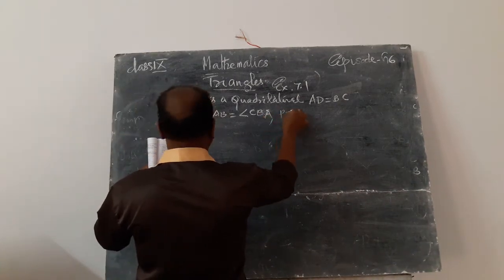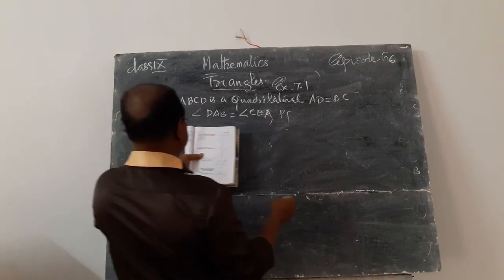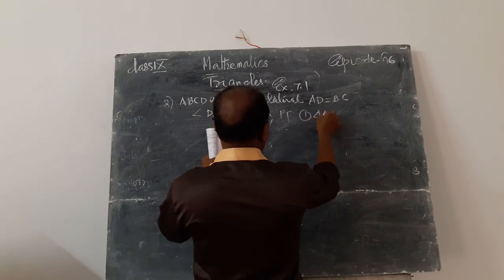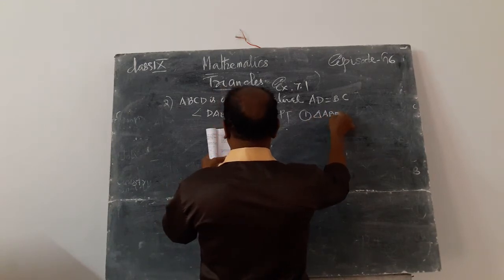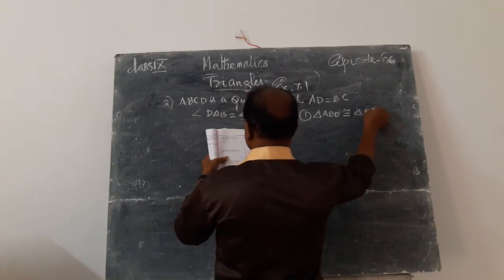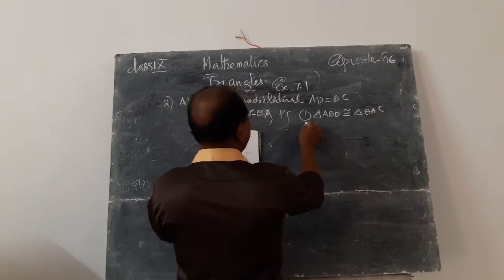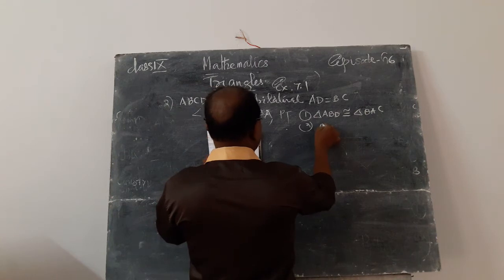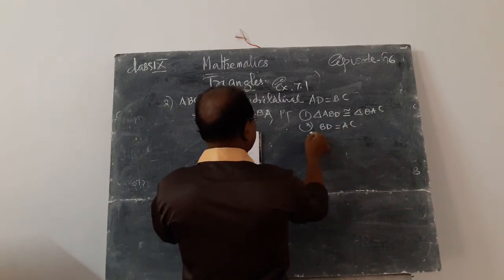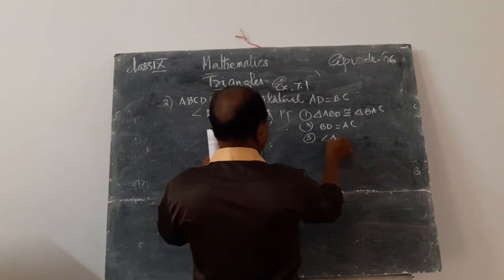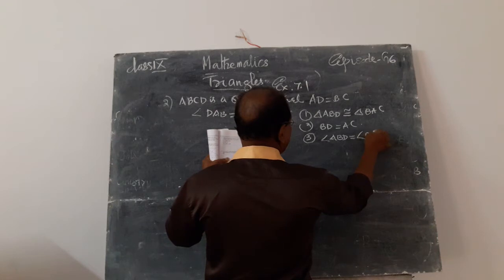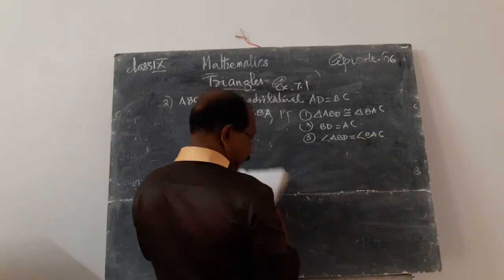Prove that: number 1, triangle ABD is congruent to triangle BAC; number 2, BD is equal to AC; number 3, angle ABD is equal to angle BAC.